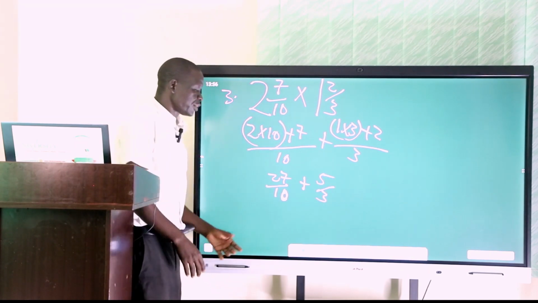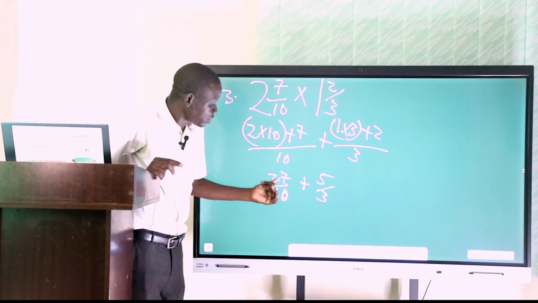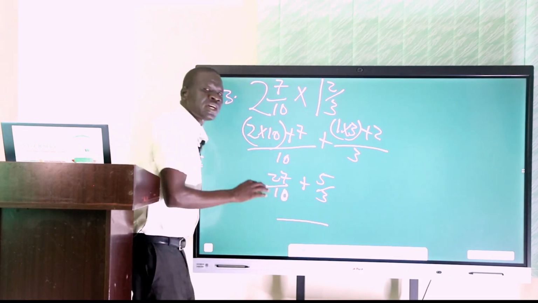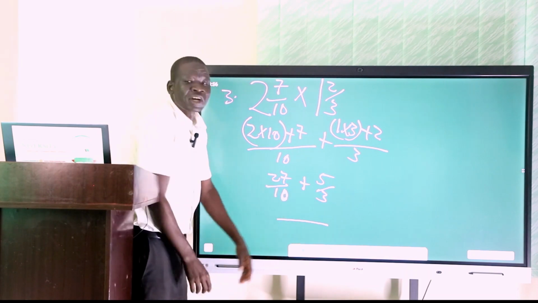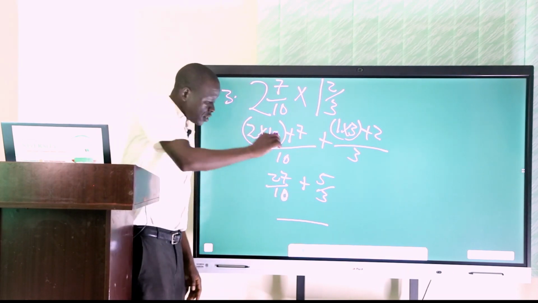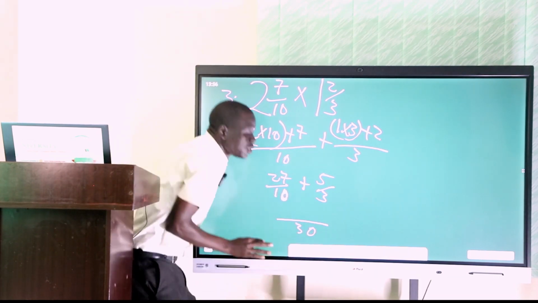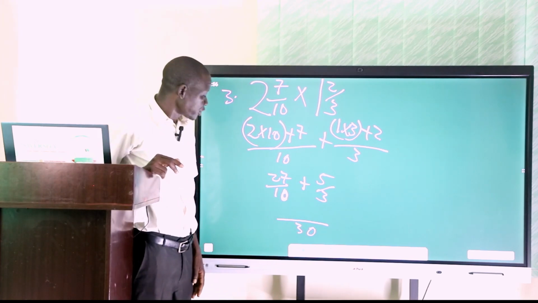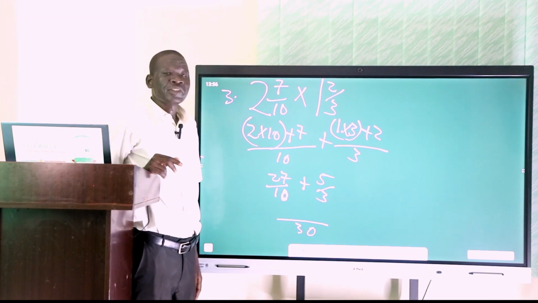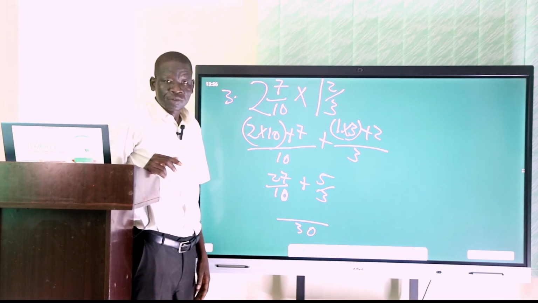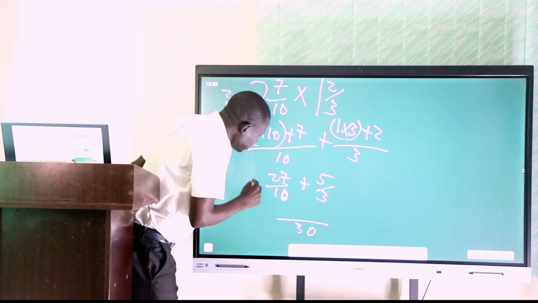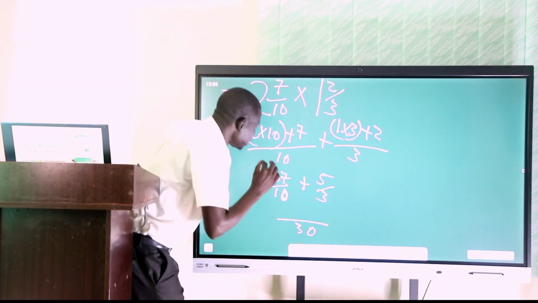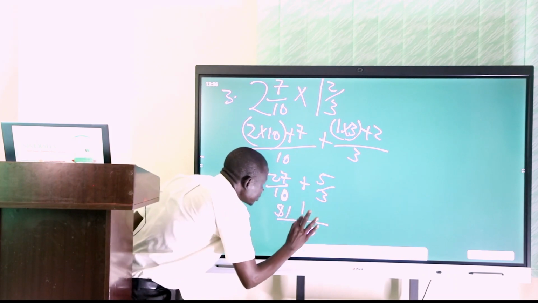So for the 5 over 3 plus the 27 over 10, we shall get the LCM of 10 and 3, which is 30. So 30 divided by 10, we get 3, and 3 times 27 we automatically get 81.